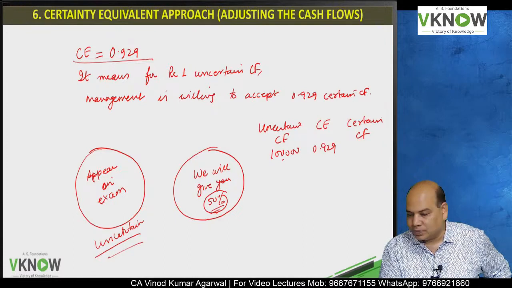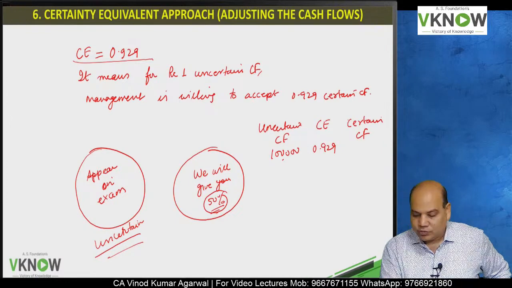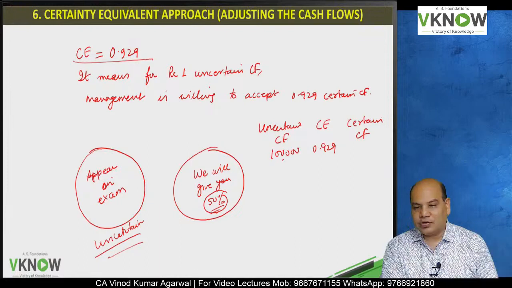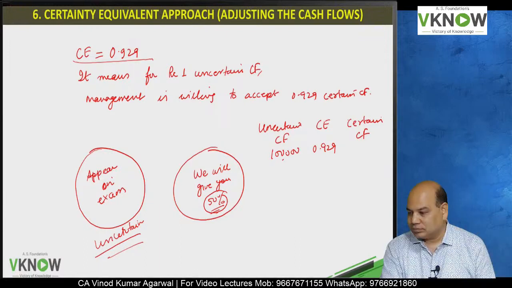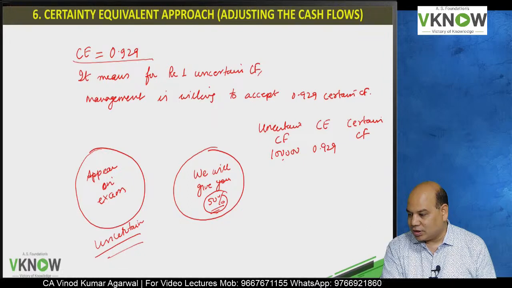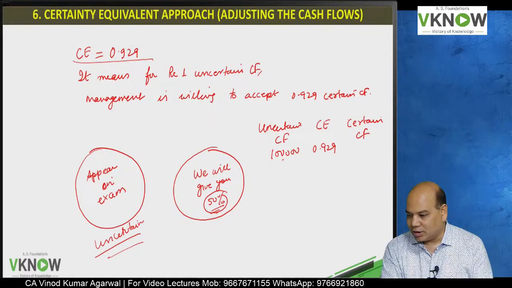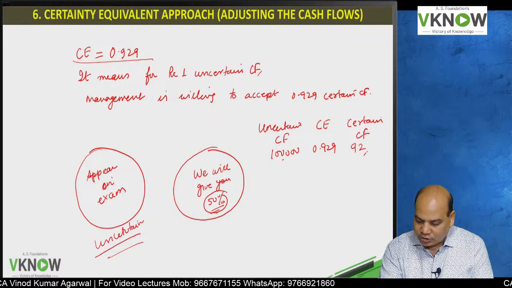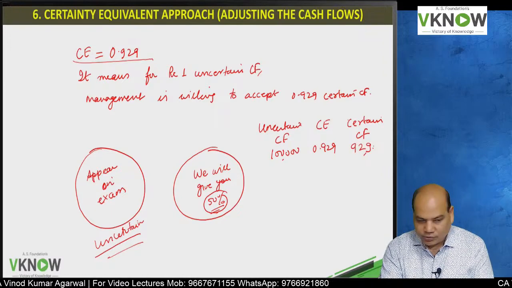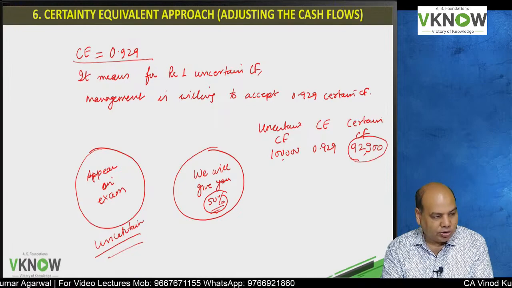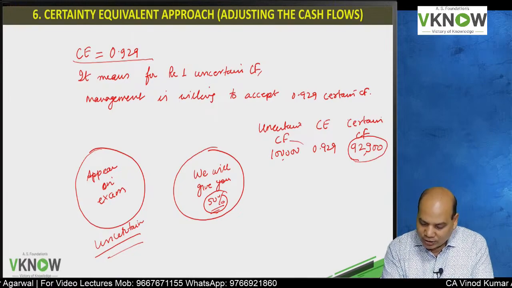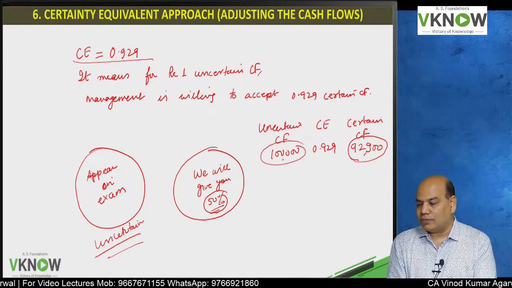Certainty equivalent is 0.929. What is the equivalent certain cash flow? Come on, reply. You have to just multiply: 92,900. So I am willing to accept 92,900 against a risky cash flow of 1 lakh.